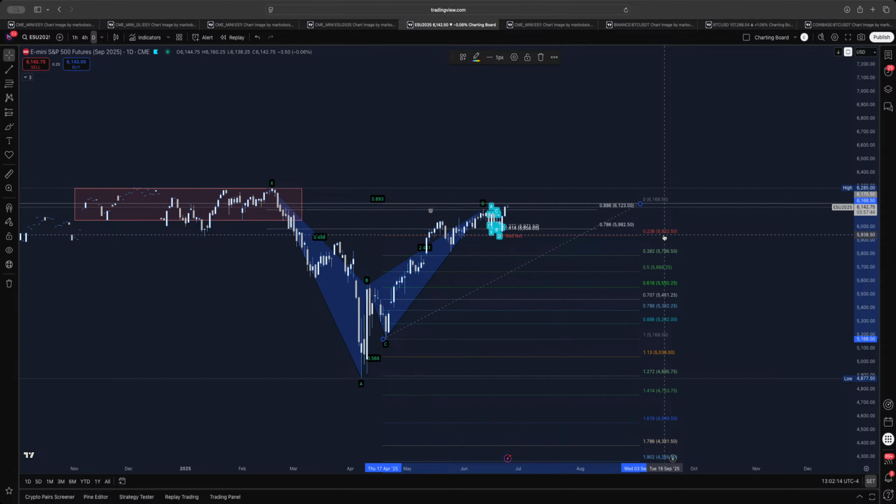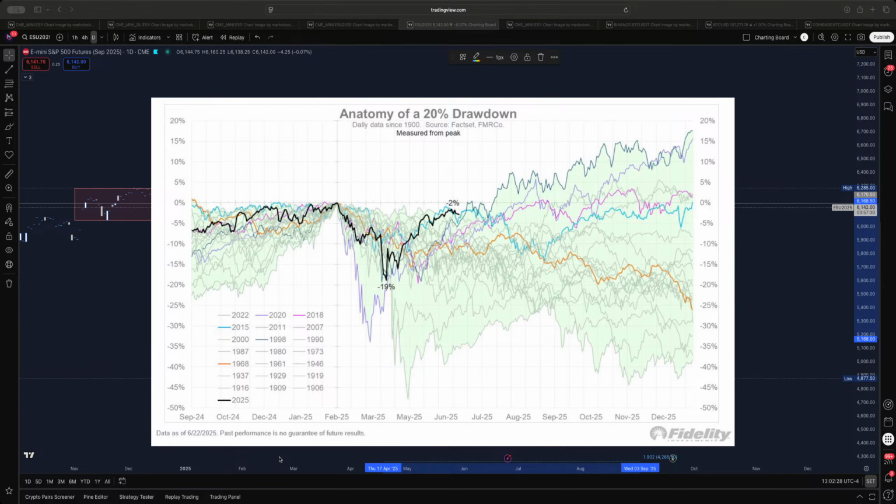Now, before jumping into a weekly time frame, let me bring the next chart, which is a very interesting one. Okay, now we see the anatomy of the 20% drawdown. The same chart is from, once again, Jurrien Timmer, Director of Global Macro at Fidelity Investments.